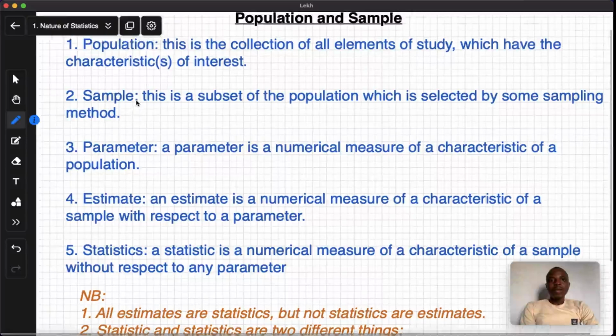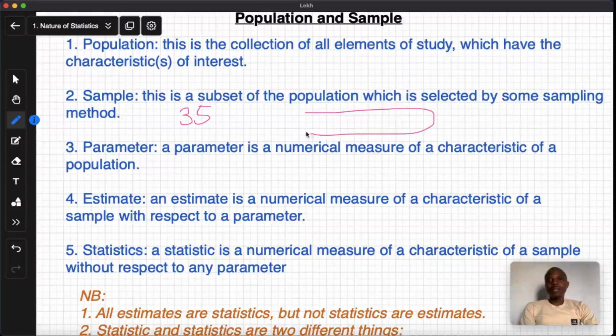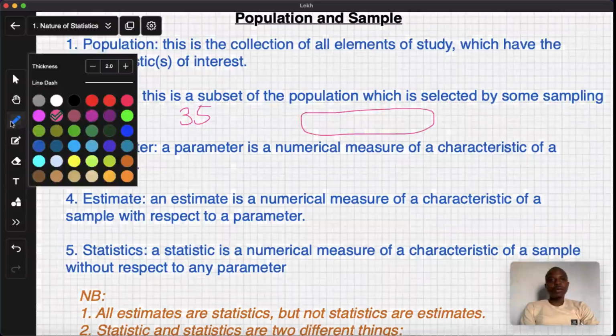Then sample. A sample is a subset of the population which is selected by some sampling method. So that means you have a big population, maybe of 200 people, but this time around you want to select just maybe 35 of them for use. You don't want the whole thing, let me just take a few.